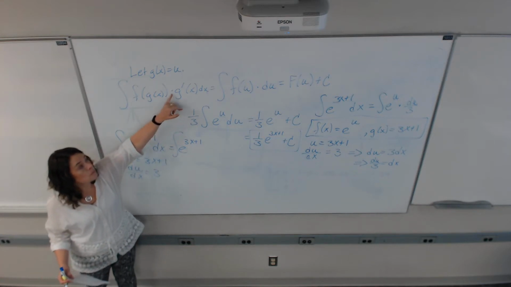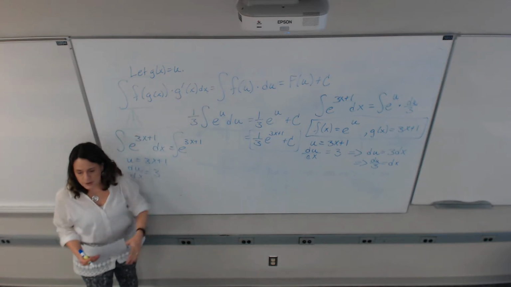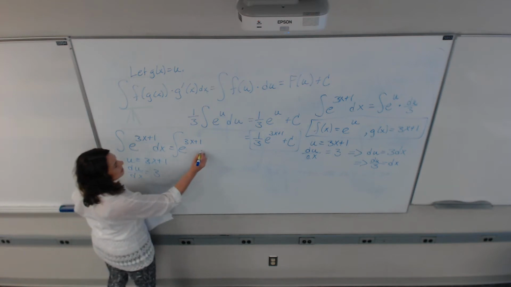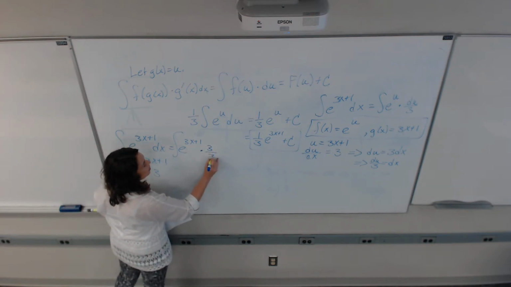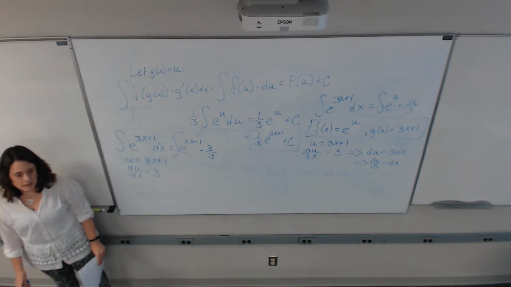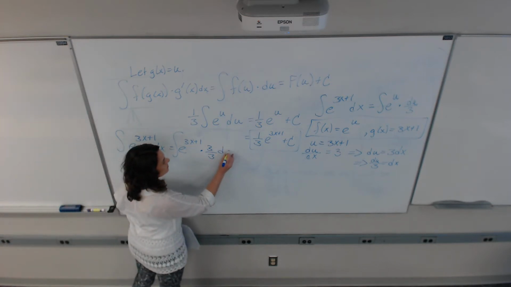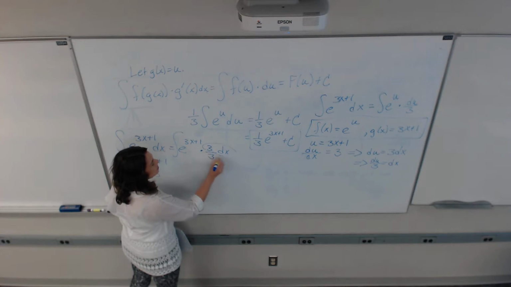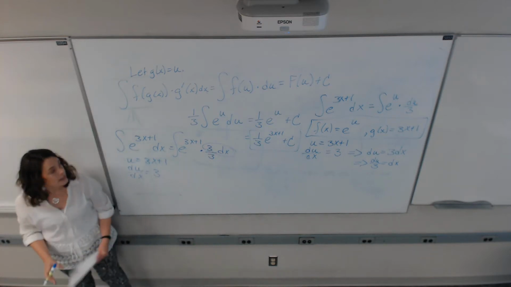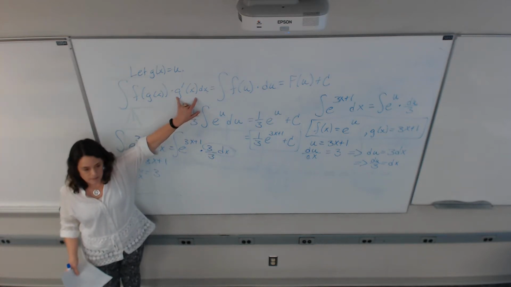I need to multiply by 3. So I'm going to use multiply by 1, and I'm going to multiply by 3 over 3. Isn't that the same thing? And then I have the differential. I'm going to include the 3 dx to serve as my g prime.